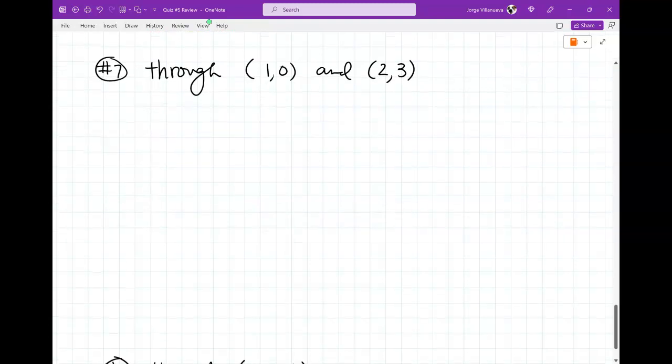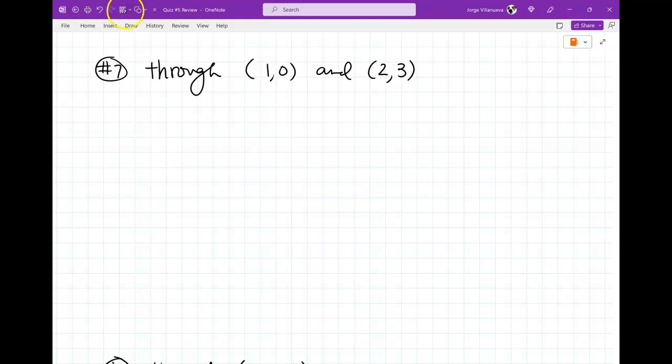Now this is the one that I would tell you is the toughest type of problem, because this one, they don't give me a slope, they don't give me the y-intercept, they don't give me anything other than 2 points. But if you're given 2 points, you can always find slope, okay? If you're given 2 points, you can always find your slope.